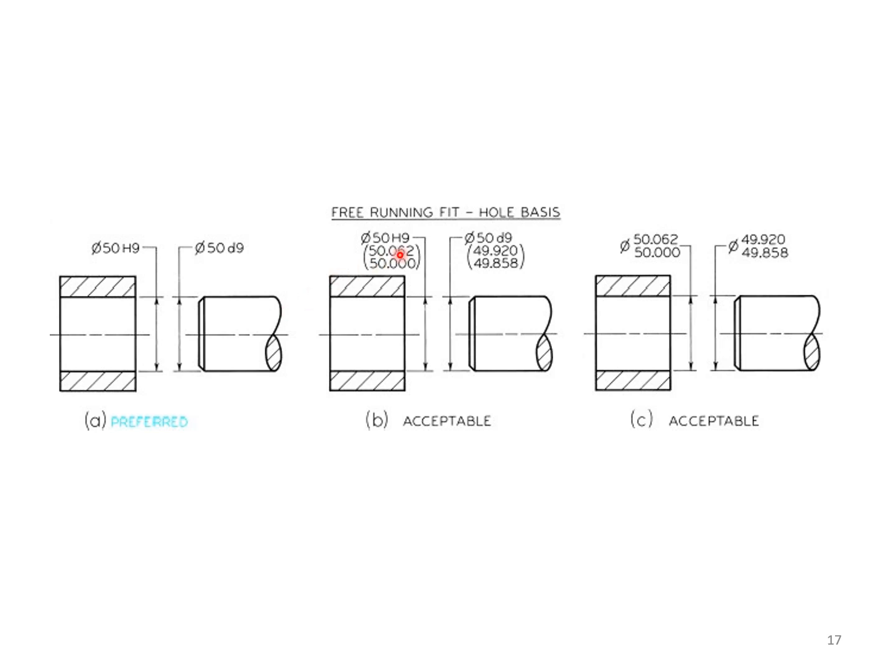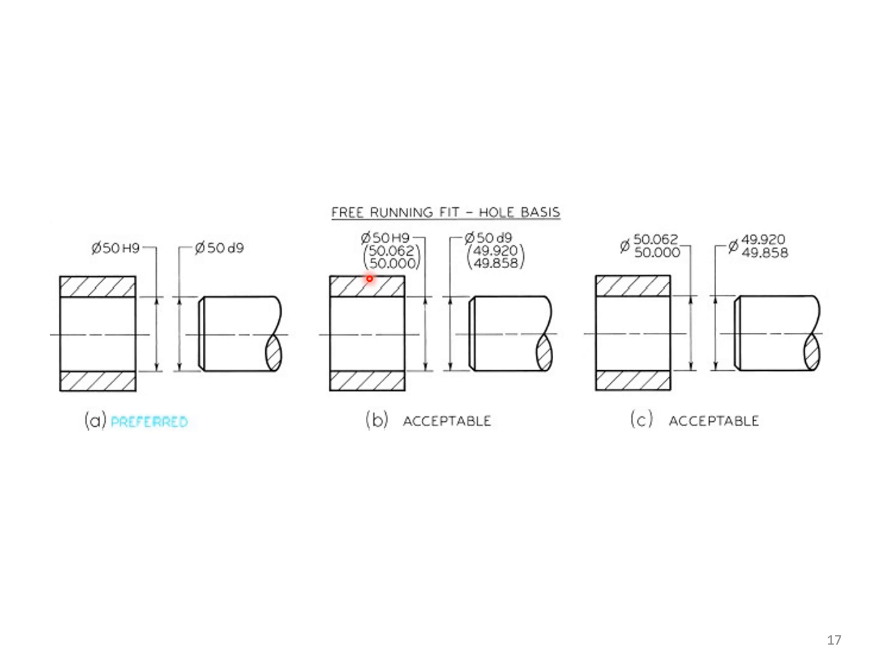So if I'm going to go for the free running fit hole basis, I can write it down once again that the phi is 50H9, and that means that the tolerance is going to be 50.062 maximum diameter and 50.000 the minimum diameter.